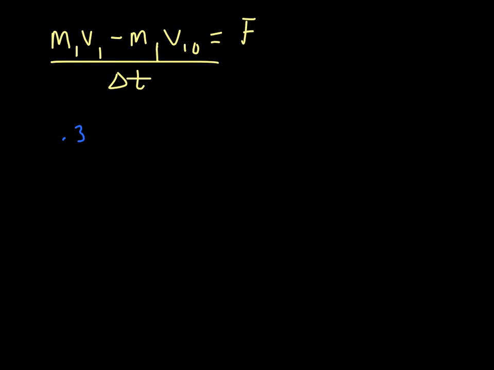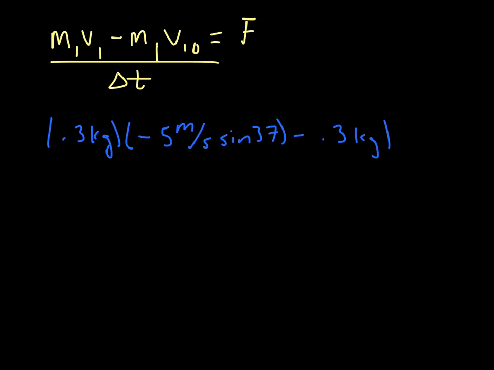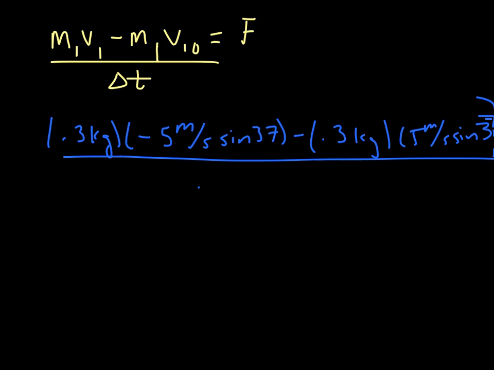We get 0.3 kilograms, that's the mass, times, and in this case, its final velocity is in the leftward direction, negative 5 meters per second sine 37, minus 0.3 kilograms, 5 meters per second sine 37, sorry, that's off the page, but sine 37, all over 0.200 seconds. And you get your force equals negative 45 newtons.